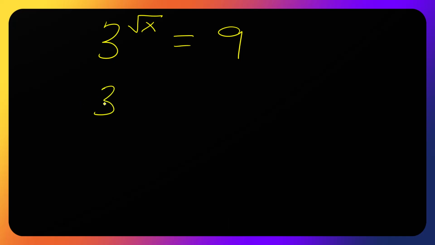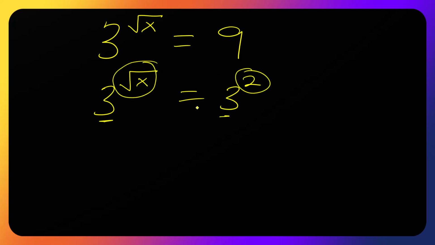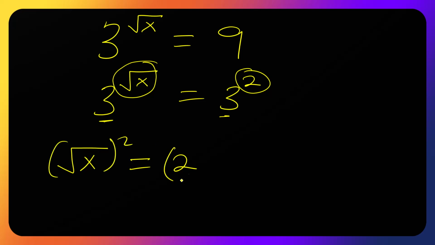So we have 3 exponent square root of x equals 3 squared. So we have this equals that, and now we equate this to that. So I have square root of x equals 2. And don't forget to remove the square root. We square both sides, so this one will cancel. My x will be 2 squared, 4.